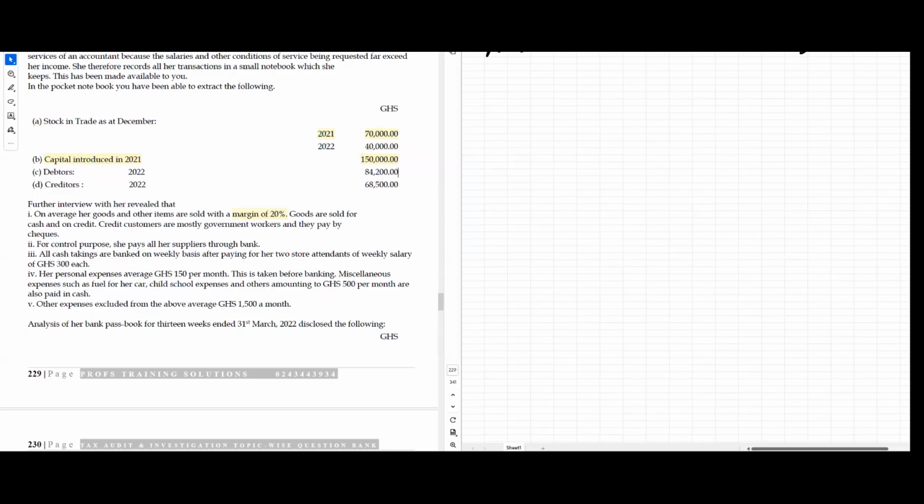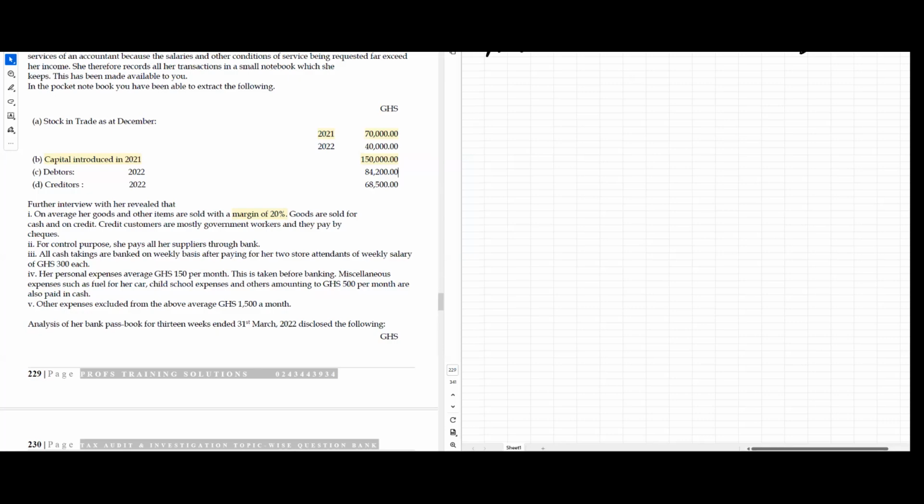The sales figures we have are for only that 13 weeks that ended the 31st March. So maybe we should also do her expenses to match that 13 weeks so that all will be the same. Sure, yeah, it can be done. You can just switch everything to 13 weeks.